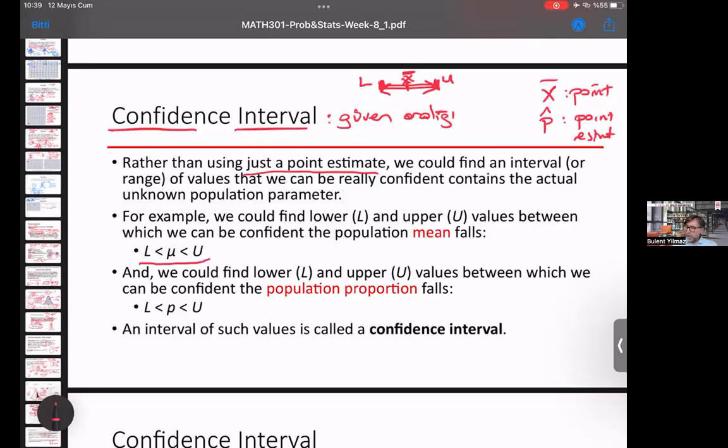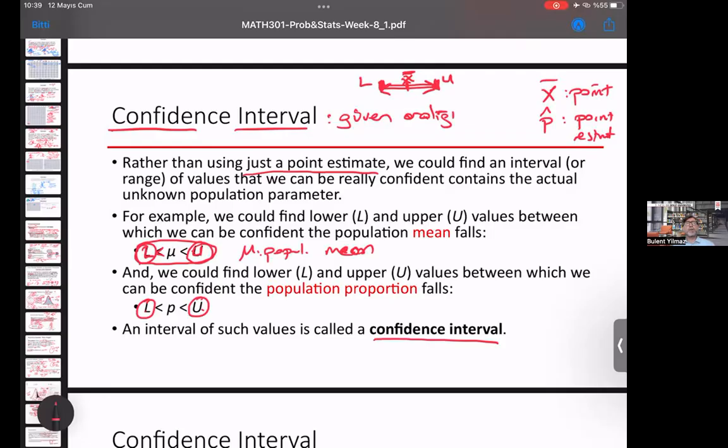My mu, the population mean, is going to be in this interval between L and U, the lower and upper boundaries. We are going to find these lower and upper values, and we will call them the confidence interval. I am trying to find my population mean.